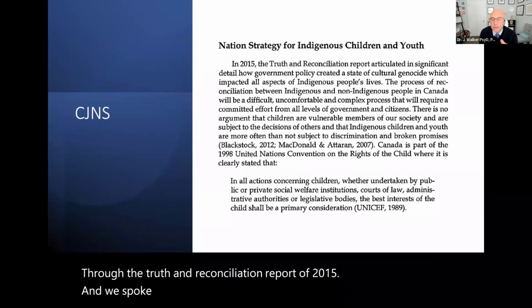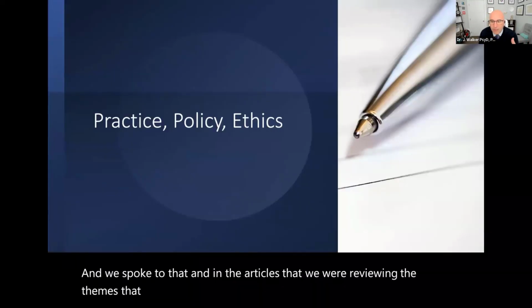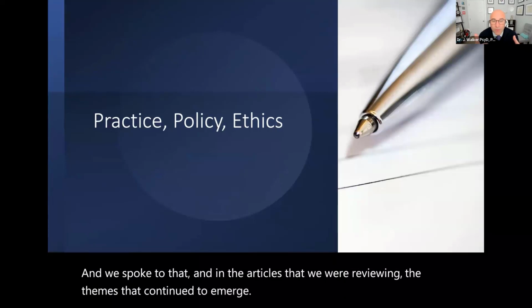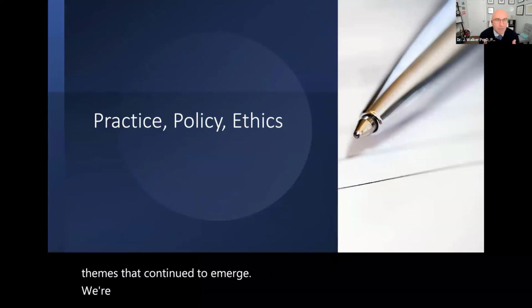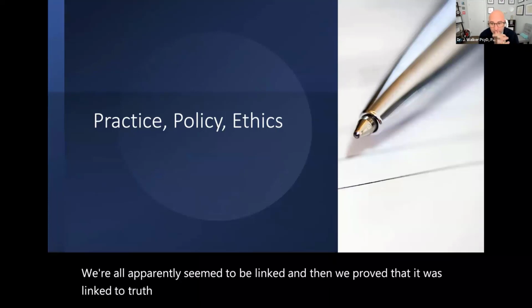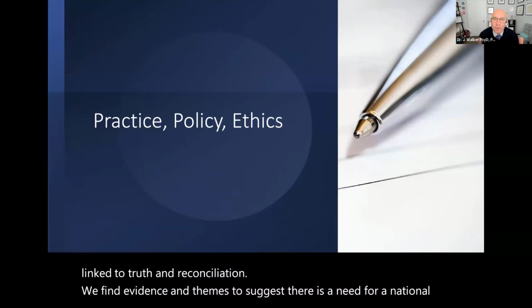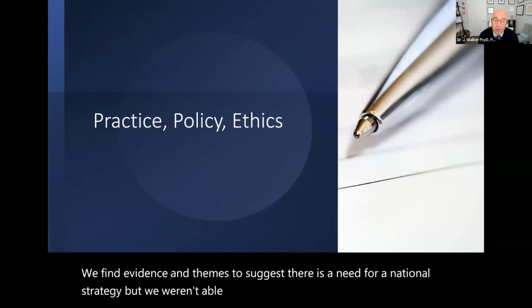And in the articles that we were reviewing, the themes that continued to emerge all seemed to be linked, and then we proved that it was linked to truth and reconciliation. So we find evidence and themes to suggest there is a need for a national strategy, but we weren't able to identify how.